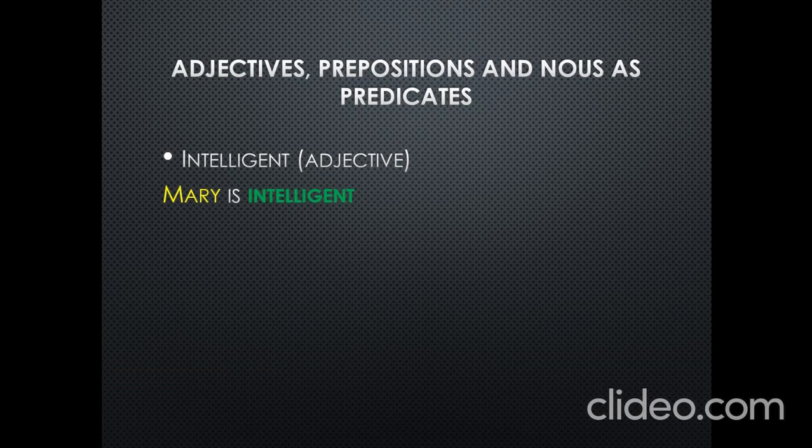Because Mary in isolation means nothing, but when we are talking about someone, okay, Mary refers to a woman that we are talking about. So then we have the verb to be, is, and intelligent.